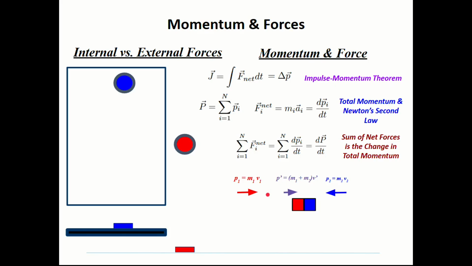If we keep having the carts go into motion, they'll just keep going until maybe they hit a wall or something like that. What we gather here is that the new momentum, P prime, of the combined cart system should be equal to the sum of the momentums of the individual carts, P1 and P2.